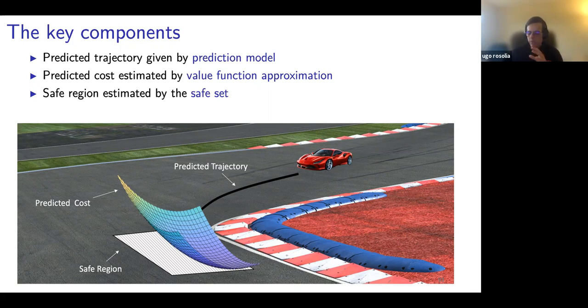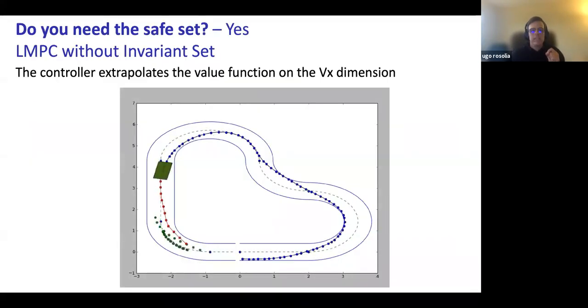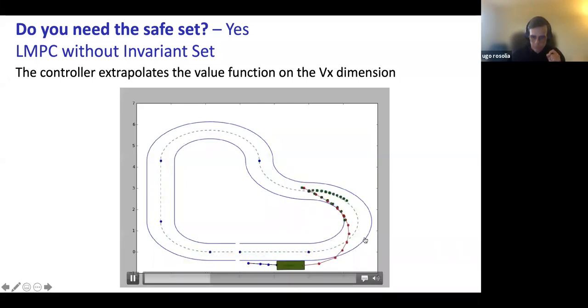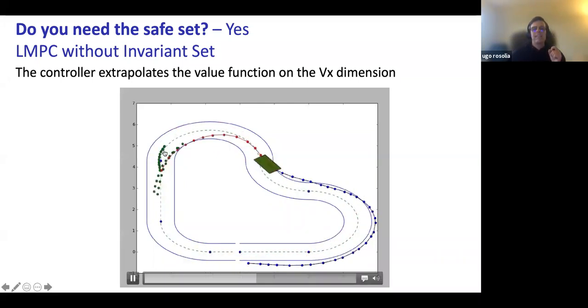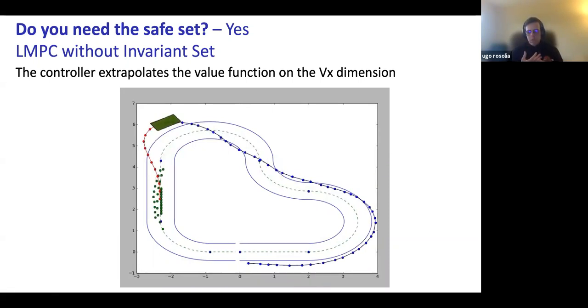But really the reason why we focused on this was to show that when you do this exploration, having this terminal constraint set can be used to guarantee safety. And of course, when you have nonlinear system uncertainty, the proofs are not rigorous anymore, but this algorithm is theoretically sound, right? So we have a motivation to design the terminal cost in this way and decide the terminal constraint in this way.